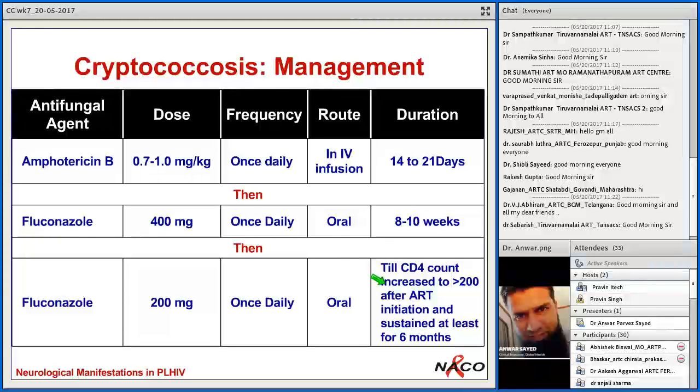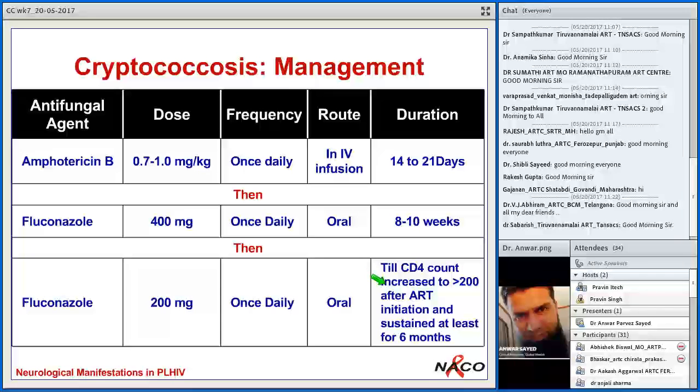If you want to avoid relapses, a patient should sufficiently receive 2 to 3 weeks; in my opinion, it should be 3 weeks of injection amphotericin B, 0.7 to 1 milligram per kg once a day, given as an IV infusion. And it is followed by, now treatment does not end here.